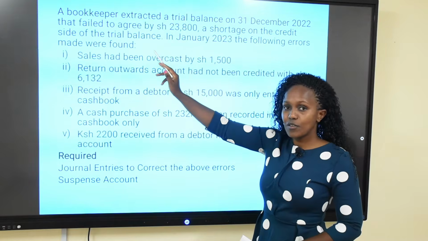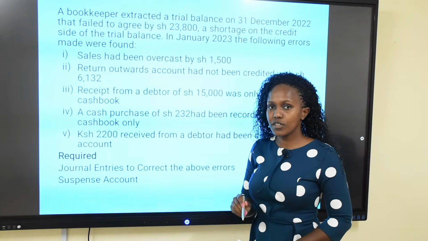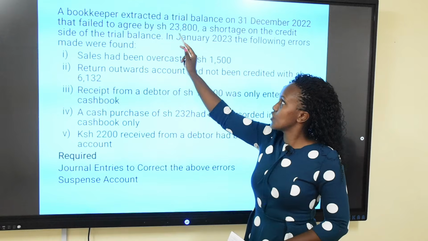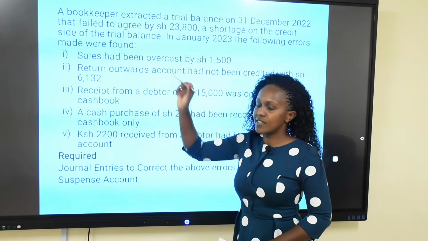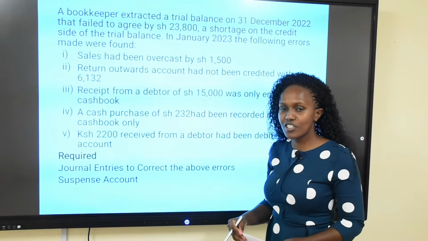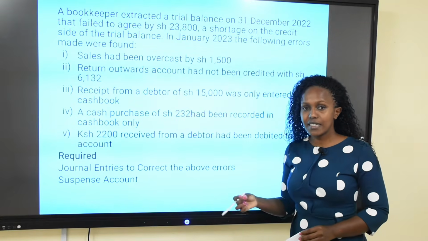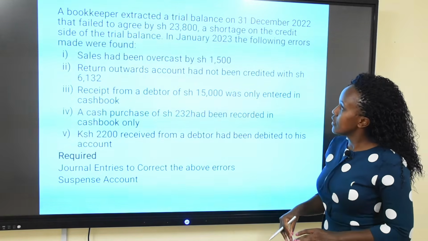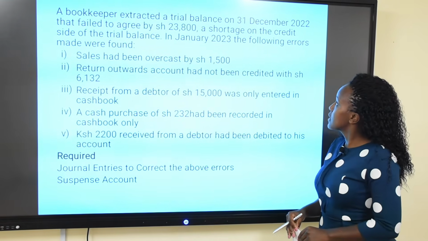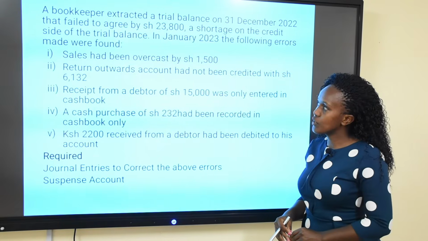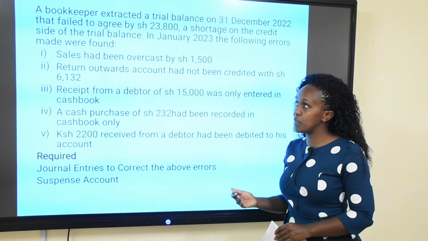So what you are saying, once you open the suspense account, this shortage of 23,800 is going to be credited to the suspense account because the shortage is on the credit side. Okay? So, in January 2023, the following errors were found to have been made.